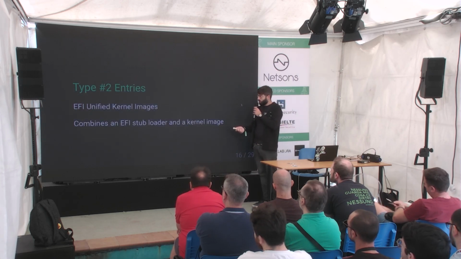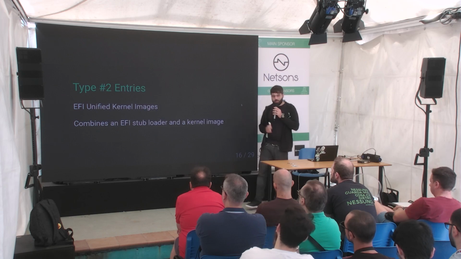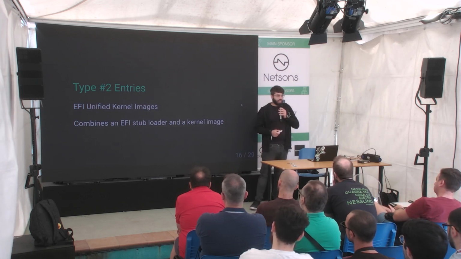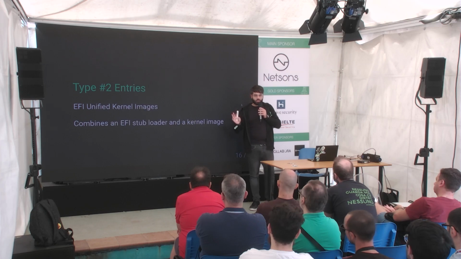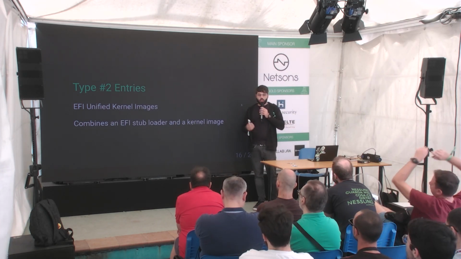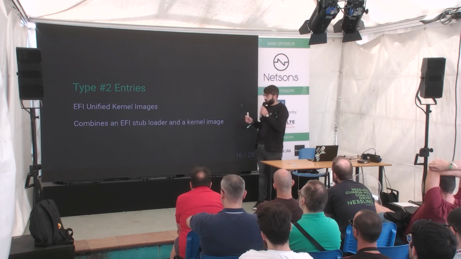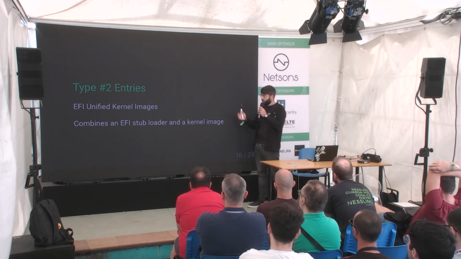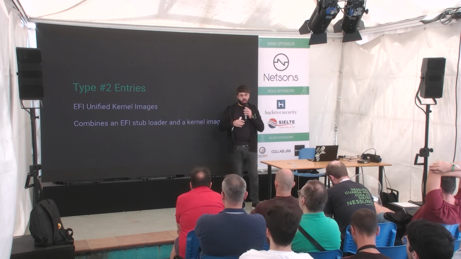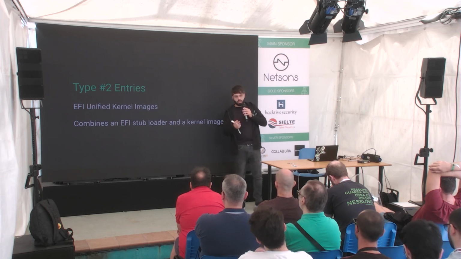Second type of entries. So let's talk a little bit about EFI unified kernel images. I know that somebody already did some presentation about that, so I'm not going to talk in detail about how they work. I'm just going to say that they are basically a standard that defines an image containing two important things, and many other things if they are needed.